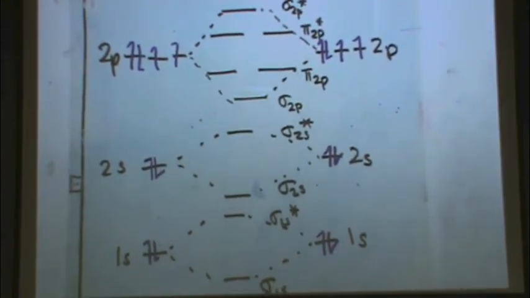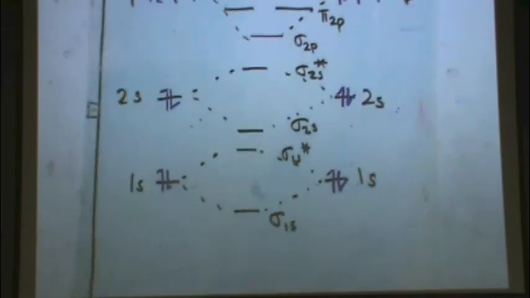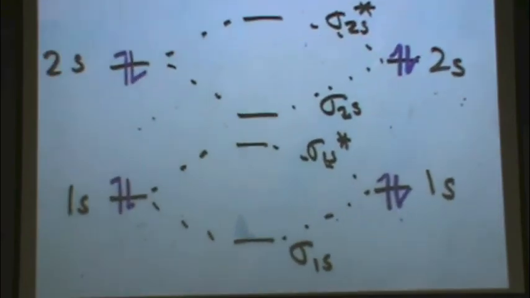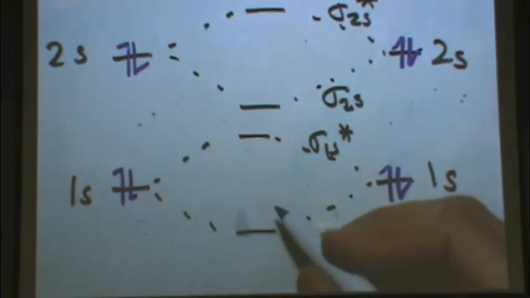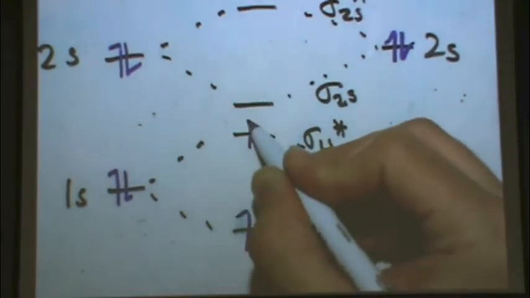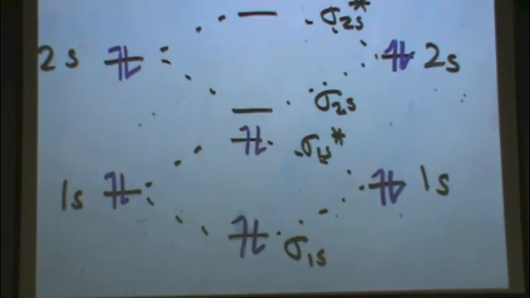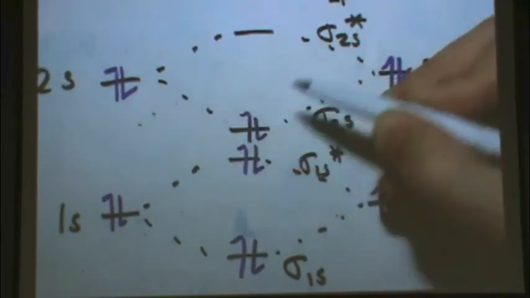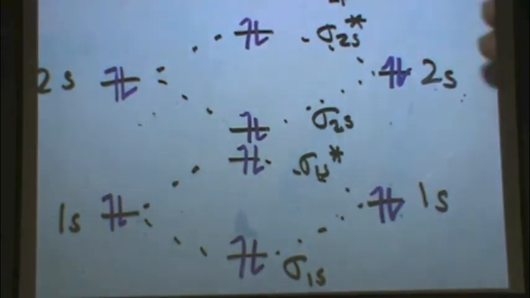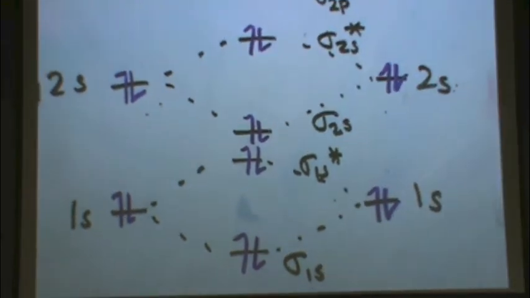Okay. Now let's fill in those electrons. Let me zoom in on the bottom part first. We'll do this. For the 1s, 2 electrons on each side for a total of 4. 1, 2, 3, 4. 2s, 2 electrons on each side, total of 4. 1, 2, 3, 4. Now let's go up to the 2p.